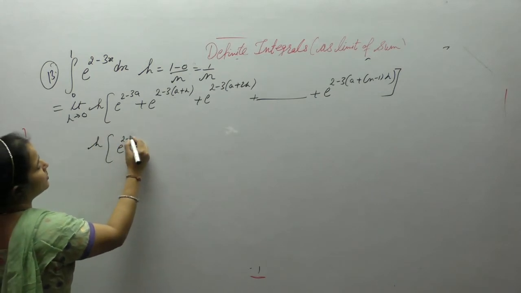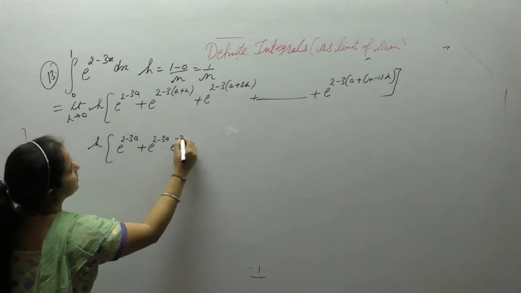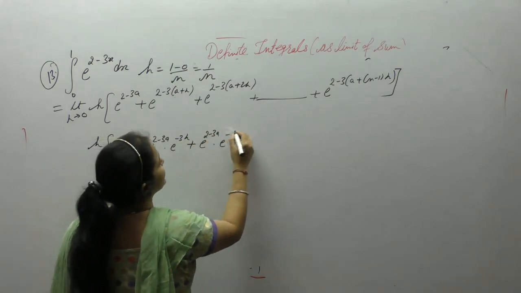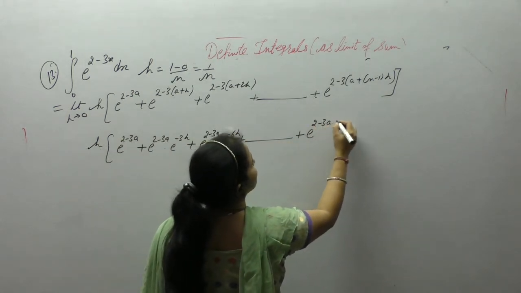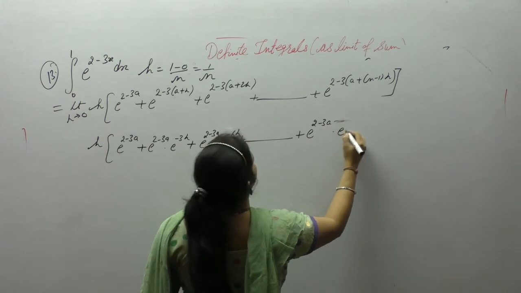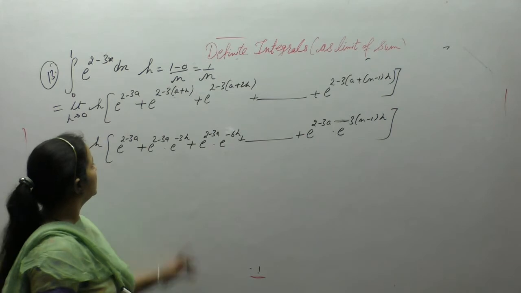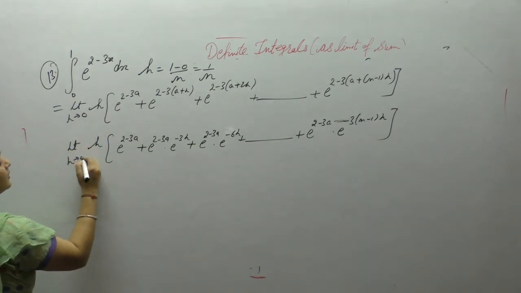e power 2 minus 3a, e power 2 minus 3a minus 6h, and so on, e power 2 minus 3a minus 3 into n minus 1 into h. e power 2 minus 3a is common in all.